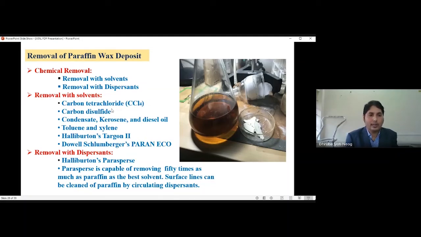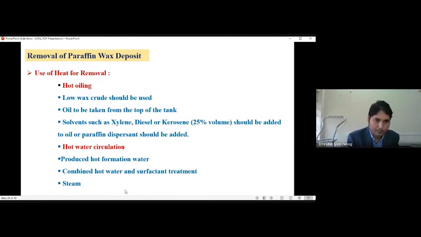These are carbon tetrachloride, carbon disulfide, condensate, and kerosene. Along with the solvents there are dispersants, which are mainly made of water, and dispersants are capable of removing 50 times as much paraffin as the base solvents, and surface lines can be cleaned of paraffin by circulating these dispersions.